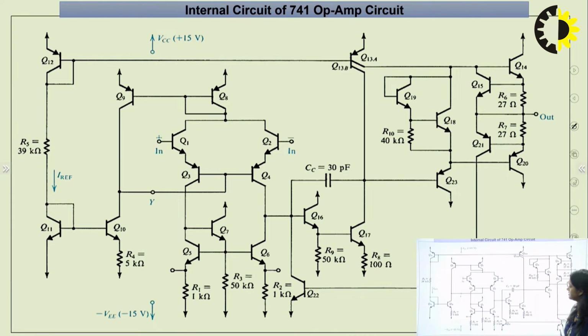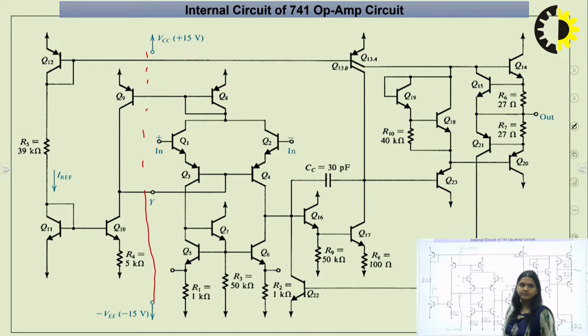This is the IC circuit diagram for the 741, where this represents the biasing and this is the input stage.